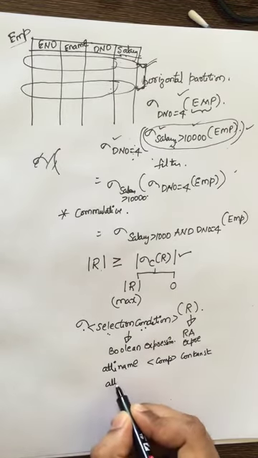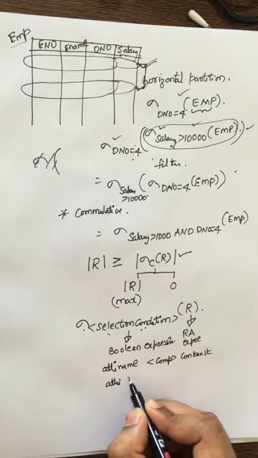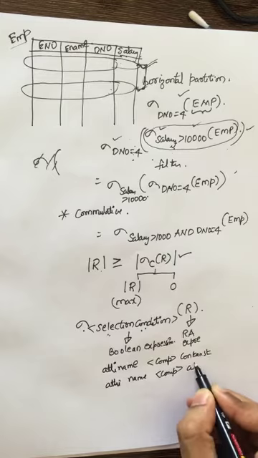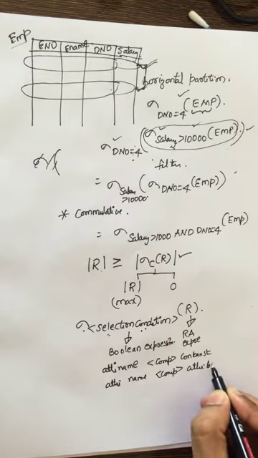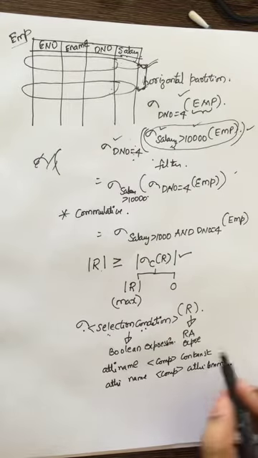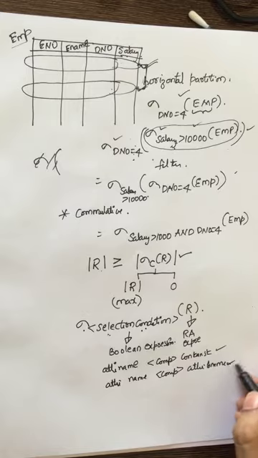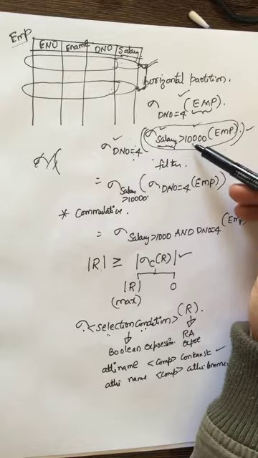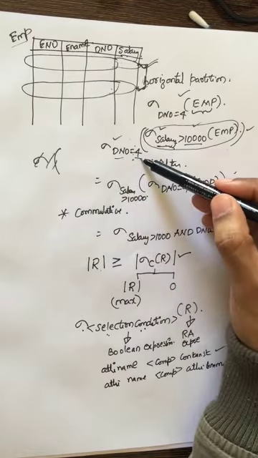Or we can even compare 2 attributes: attribute name, comparison operation, and then attribute name. So both are allowed. You can either compare an attribute with a constant, or compare an attribute with other attributes. Here we have compared an attribute with a constant, right?